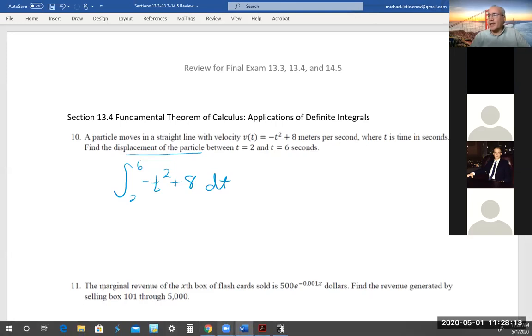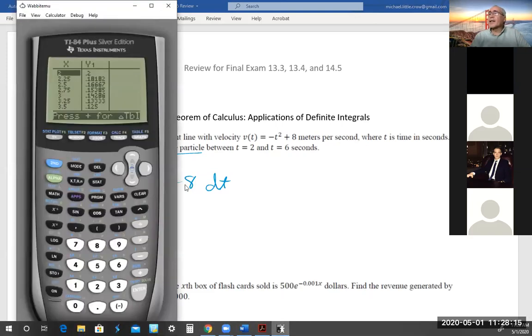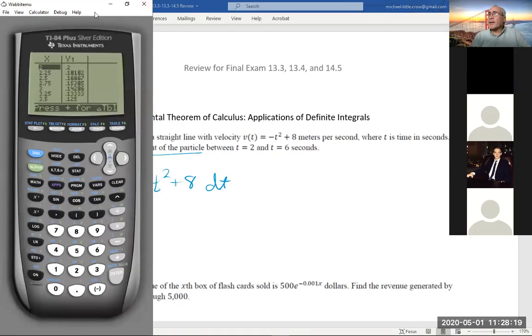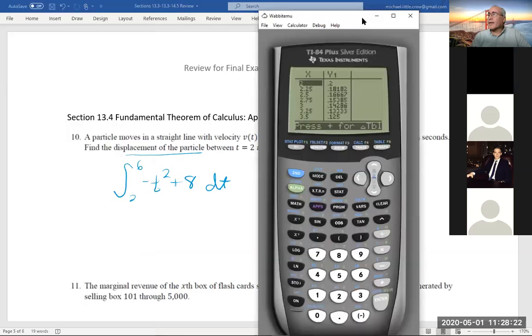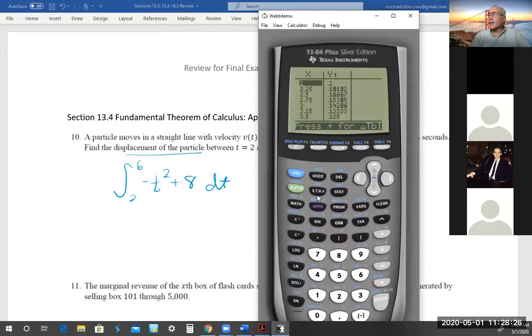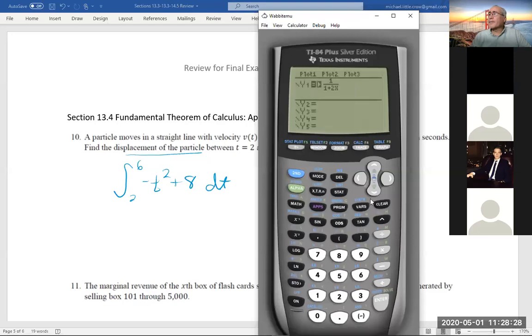This one we can find by, there we go. We're going to graph the function. So we get minus x squared plus 8.